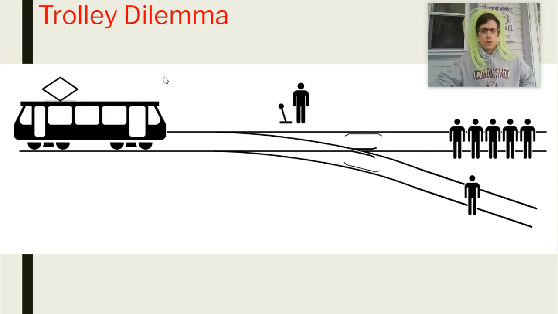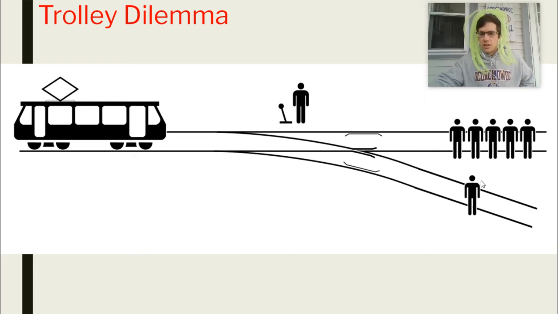So the trolley dilemma here, you can see the trolley is here. And once again, I would like talking about this in person because we can discuss it, but you are the person in the middle that is closest to the switch, the lever that switches the railroad track. There's 5 people on the tracks.